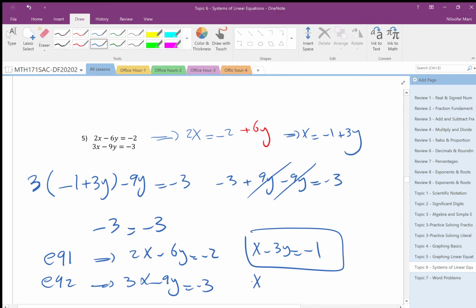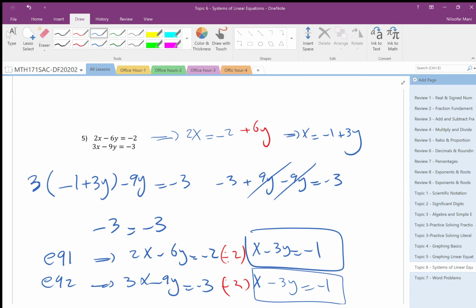So I divide both sides with 2 here, and I divide both sides with 3 here. So I have x minus 3y equal minus 1. Perfect. And I see the same equation. So I do not have two equations. I just have one equation.